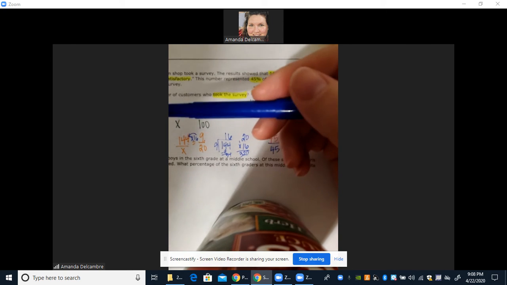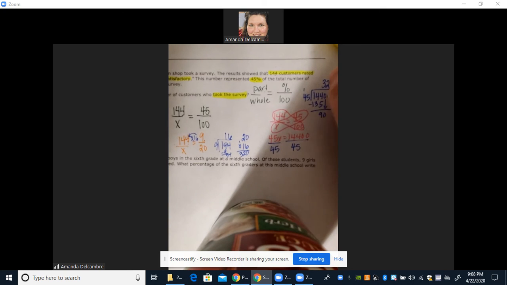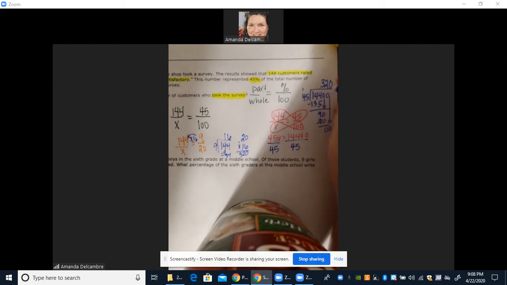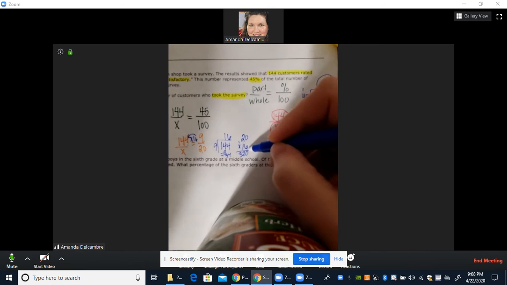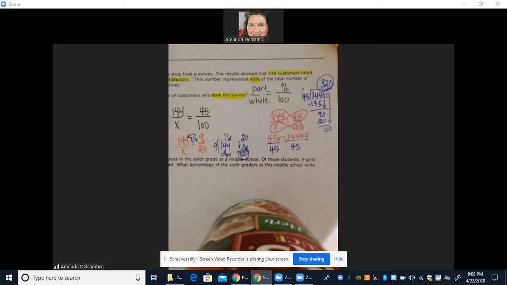Okay, so if I looked at my answer choices, there's only one that started with a 3. So what happened to this answer and this answer right here? They're both the same. So we checked our work twice and we still got the same answer.